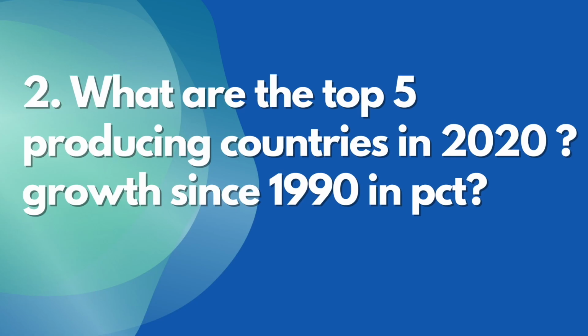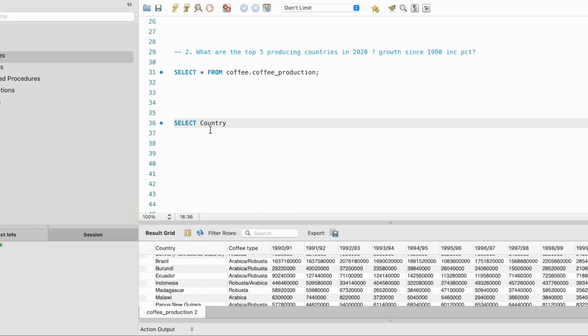What are the top 5 producing countries in 2020 and also growing since 1990 in percentage. So we'll start by selecting the country. We're going to select the 2019-20 and divide it by 1,000,000 so we can put the numbers in million. It's much more efficient.